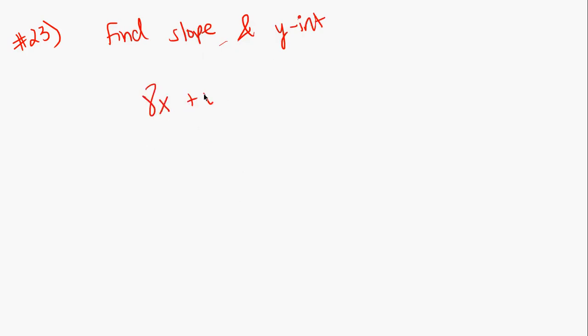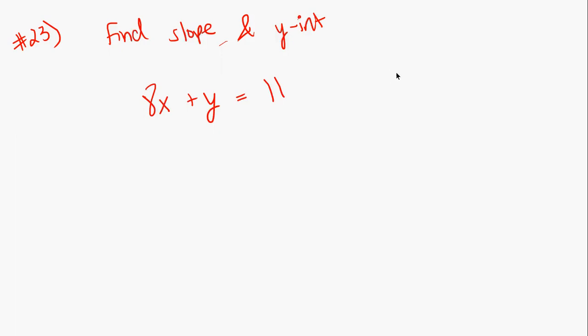Okay, 23. It says find both the slope and also the y-intercept. And this time, this is the equation it gives us: 8x plus y equals 11.